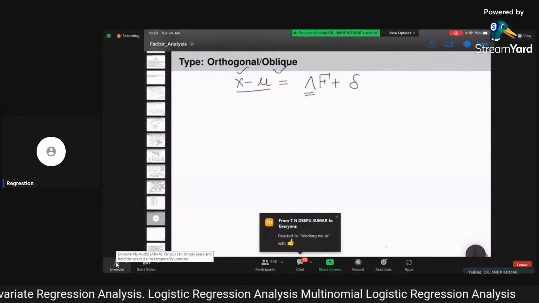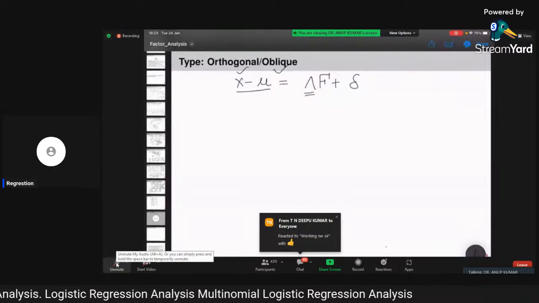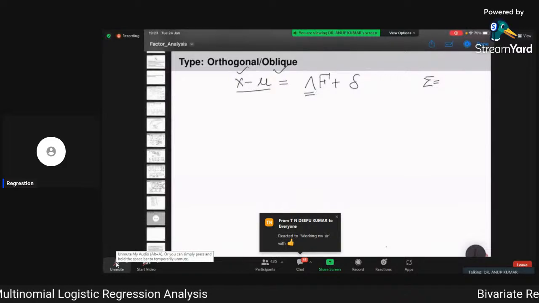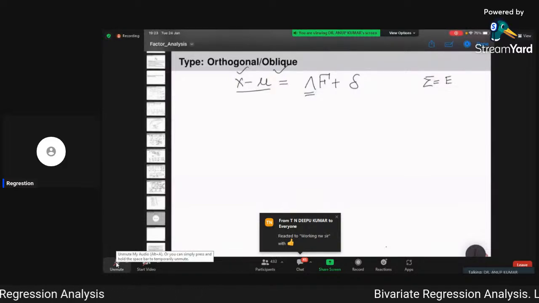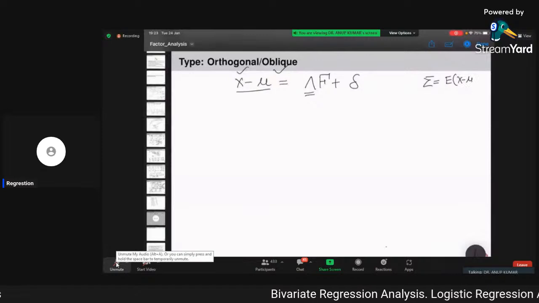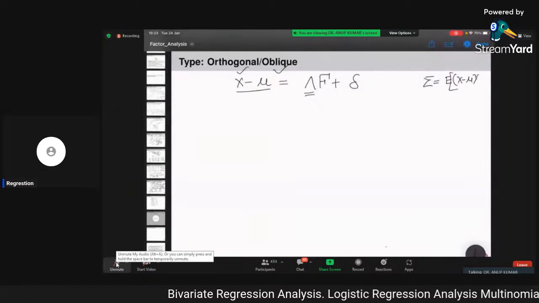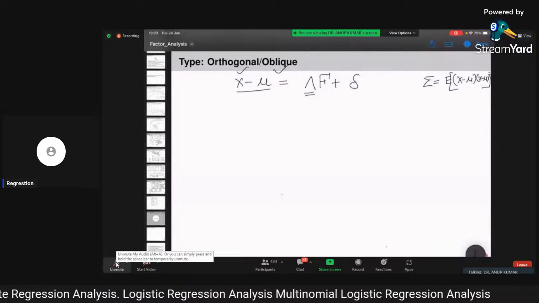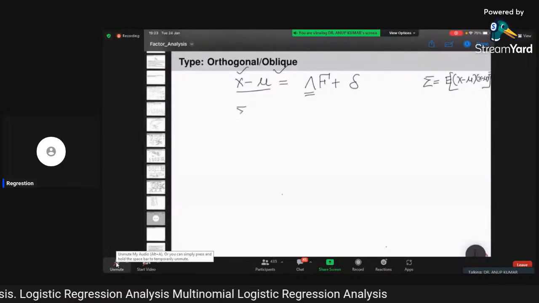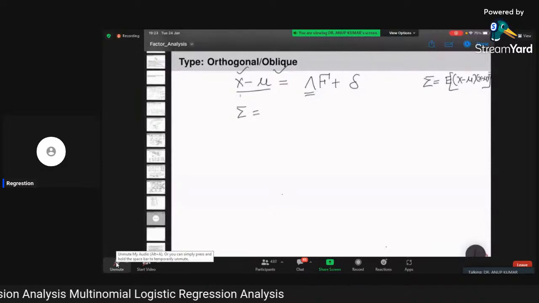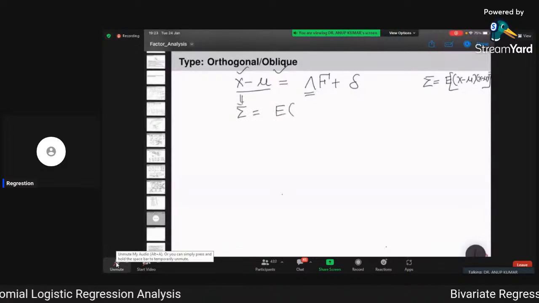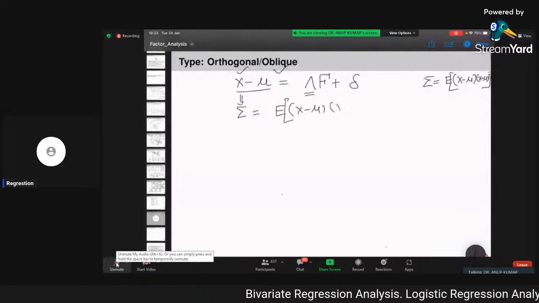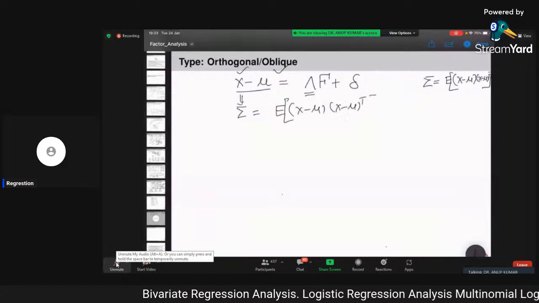Now if I want to convert it into the form of sigma, this sigma is the expected value of x minus mu times x minus mu transpose. This is the formula of sigma. If I write it down here, it will be nothing but the expected value of x minus mu times x minus mu transpose.